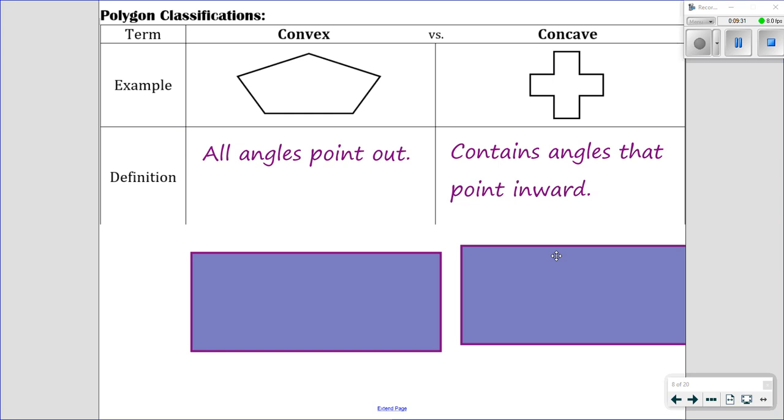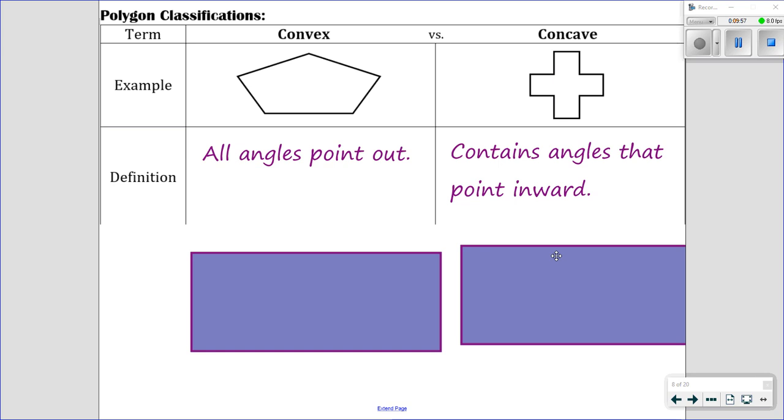So to remember the difference between those two, for convex, think of the word vex. Someone is very vexed, they're angry, they're out to get you, you hurt them or whatever. Their eyes are like shooting daggers at you because they're so angry at you. So think of a shape where all the angles are pointed out. It's like a defensive mode, like stay away from me, you bug me, stay away.